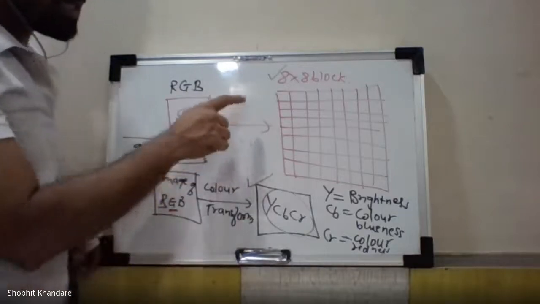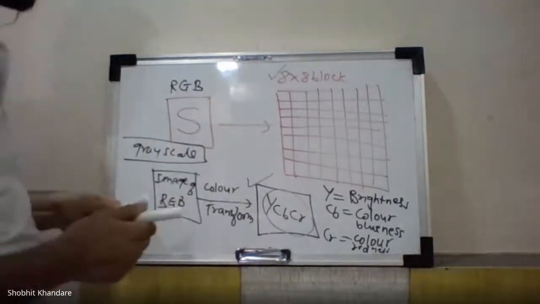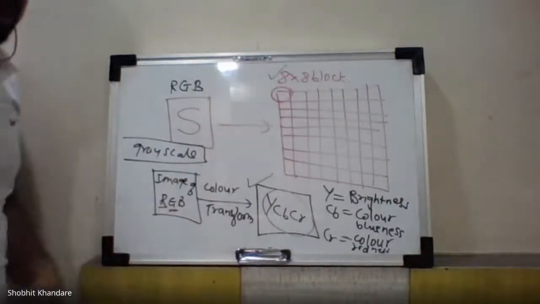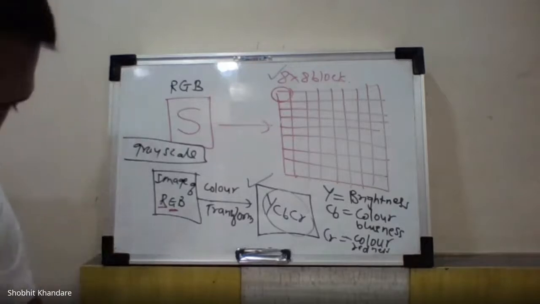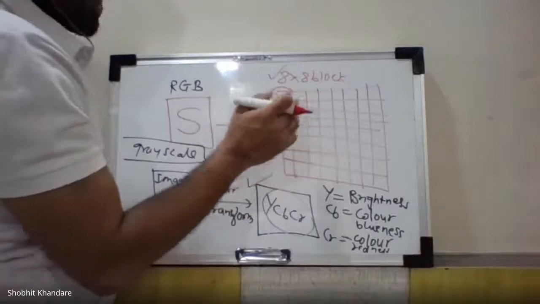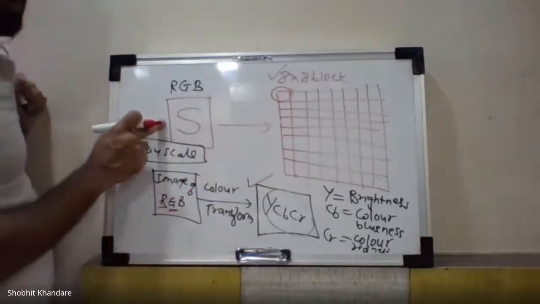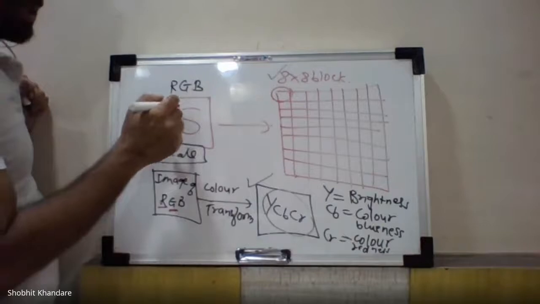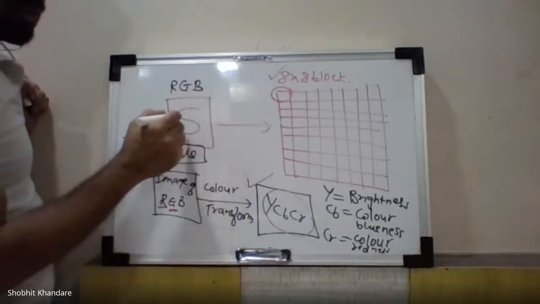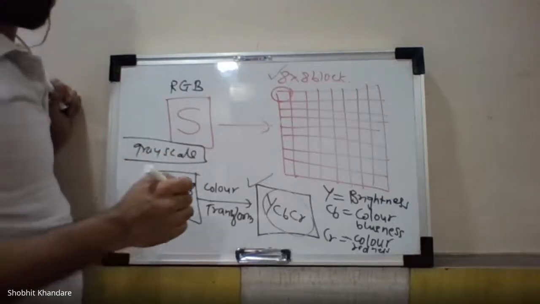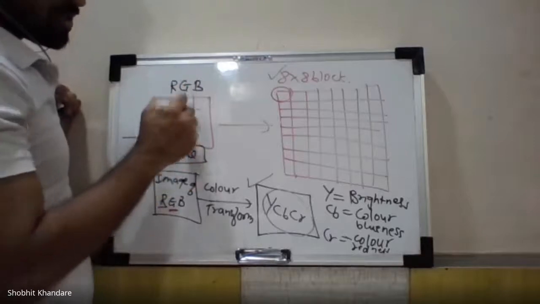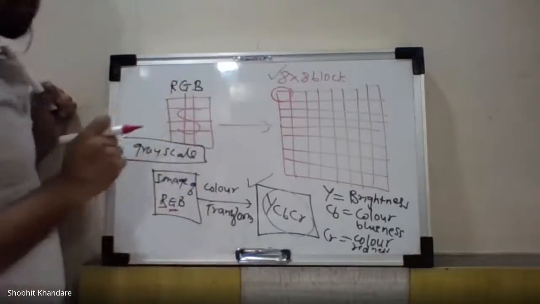Now the second thing is that when you apply this 8x8 block, I have told you that if I have this image, you have to subdivide it into 8 by 8 blocks.